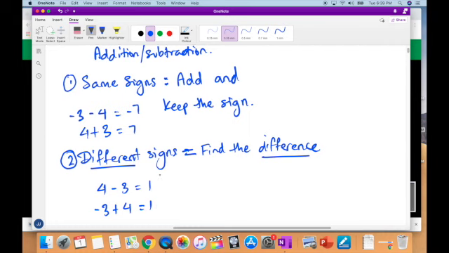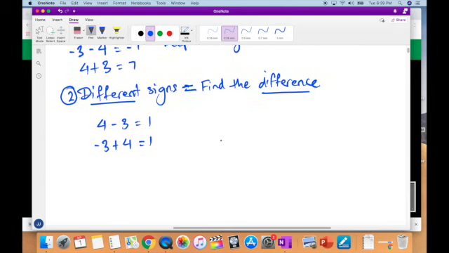Right? And actually, let me do one more example here. What if I had 3 minus 4? We saw that this was -1. So the signs are different. This 3 is positive, this 4 is negative. So we find the difference. So when the signs are different, you find the difference. The difference between 4 and 3 is 1.